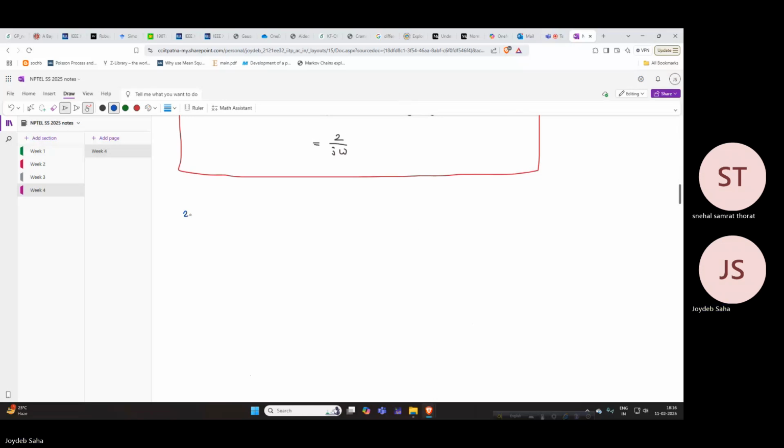Question 2. Find the Fourier transform of 1 upon 3 minus jt. I hope there is no issue till now with the previous problem.